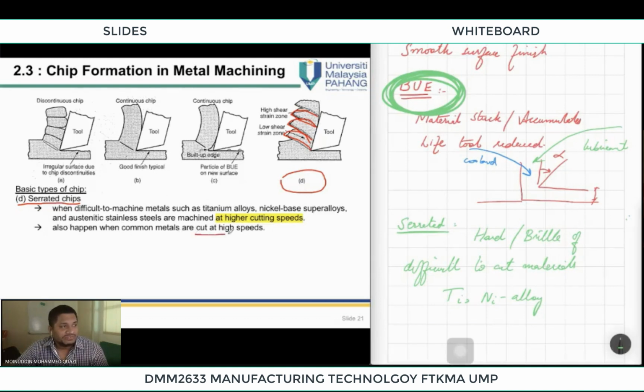This also occurs when you use very high speed. When very high speed, then vibration occurs, and due to vibration these zones are created: high shear zone, low shear zone, and causes fracture later on in the chip. So this is not recommended.